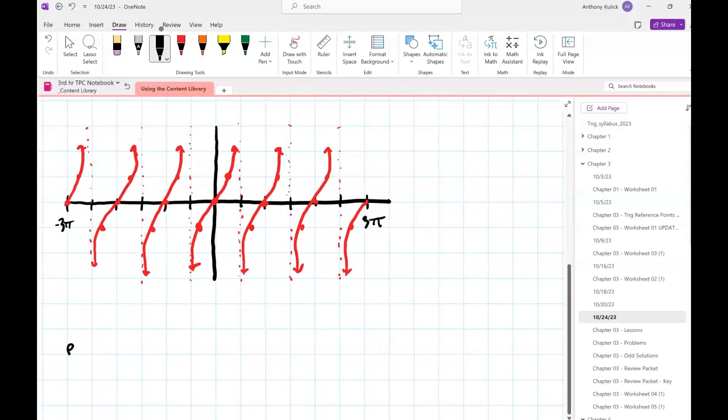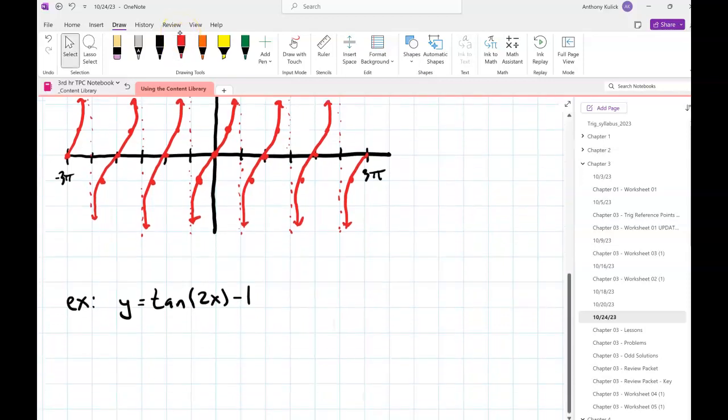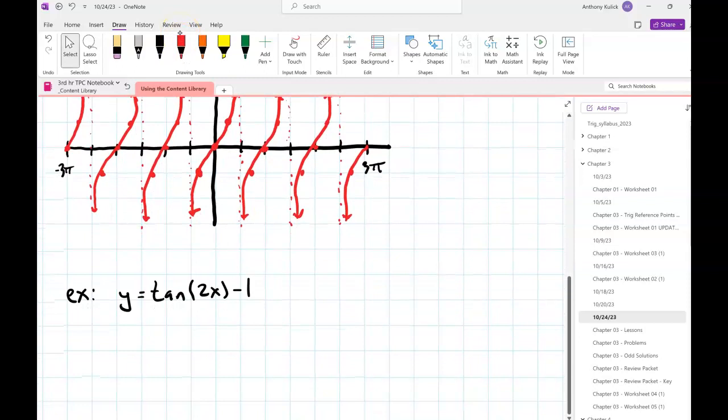So let's do another one of these equation to graph problems. Let's say we want to graph tan of 2x minus 1.